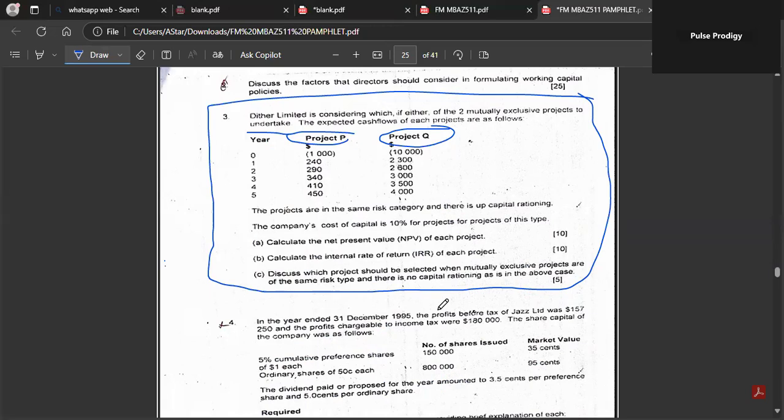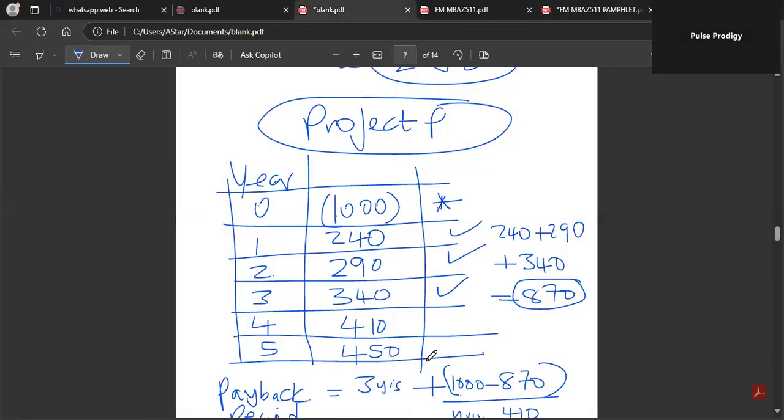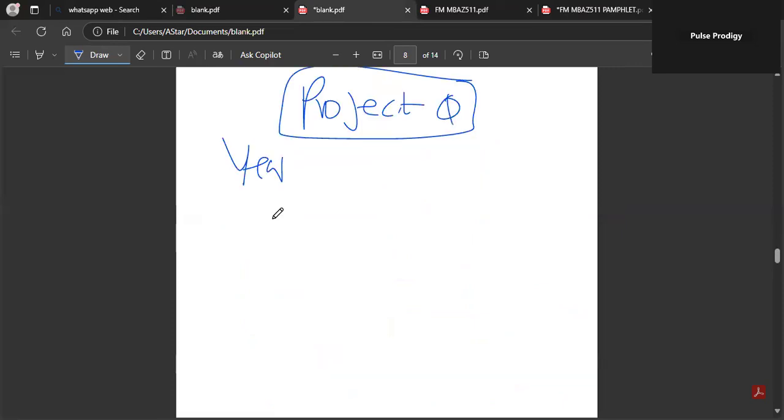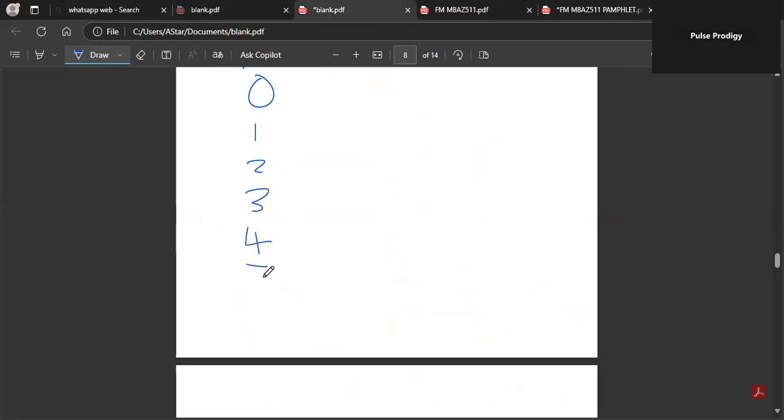So here we are, the year for Q: we invested 10,000, 2,300 came in as a cash inflow, the 2,600 came in, the 3,000 came in as a cash inflow, the 3,500 came in, the 4,000 came in. These were the cash inflows. So on project Q we had years 0, 1, 2, 3, 4, 5.